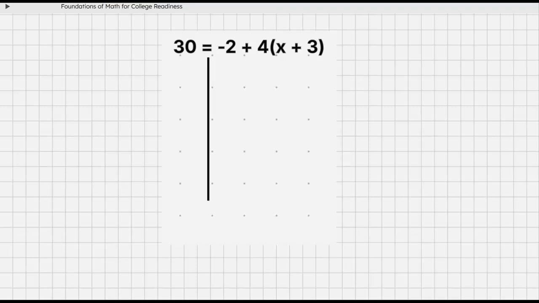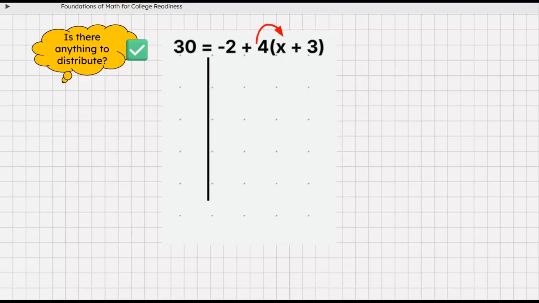Last example is 30 equals negative 2 plus 4 times x plus 3. First, we need to ask ourselves, is there anything to distribute? Yes, there is. We see a positive 4 directly outside of the parentheses. So we will go ahead and distribute that positive 4 to the x and the 3.